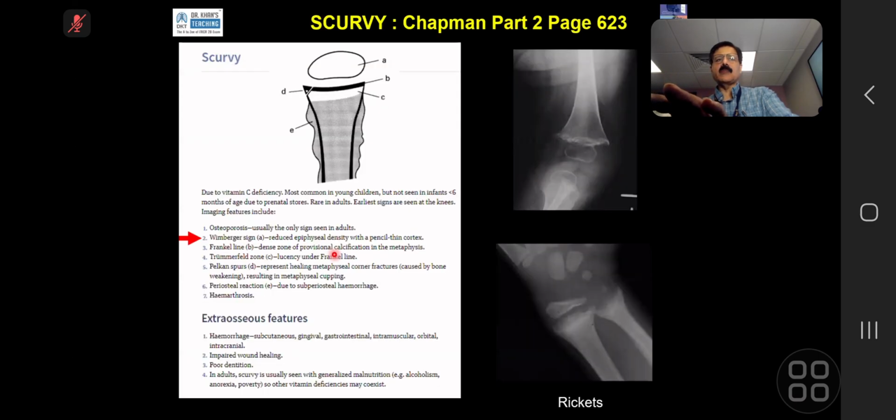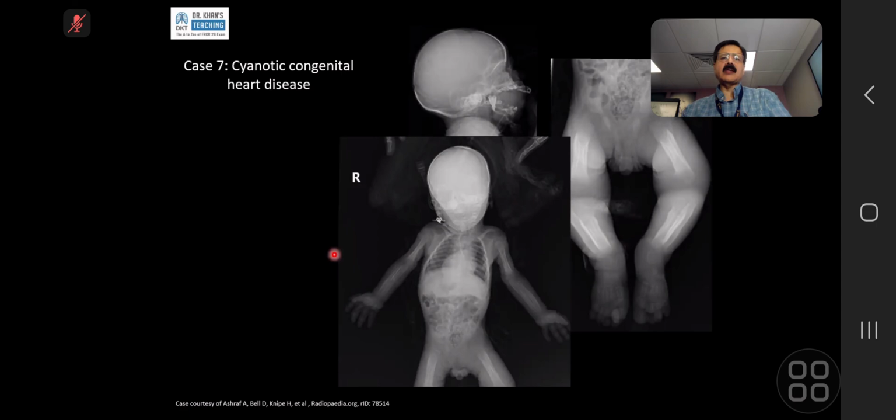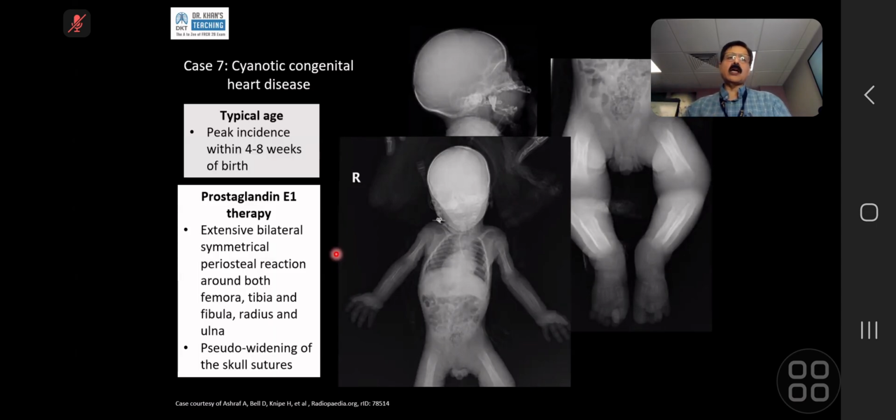So this was scurvy. And then comes prostaglandin E1 therapy. These patients present with cyanotic congenital heart disease, and they want the ductus arteriosus to remain patent so that they buy time. At times these patients are preterm, and they maintain it for a while so that they can do surgeries at a slightly advanced stage.